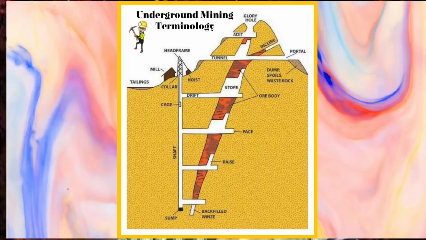So let us start. First we will just see the picture. It is a basic layout and it marks the basic terms generally used in this. So look at the picture, and I will go to the next presentation. Underground mining terminology.